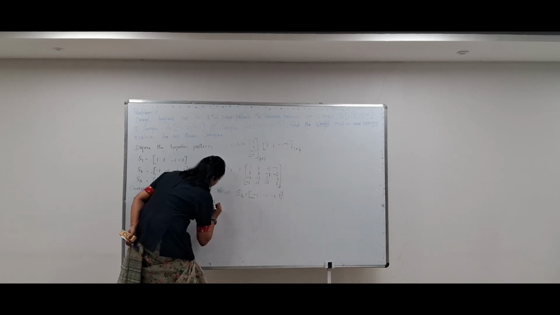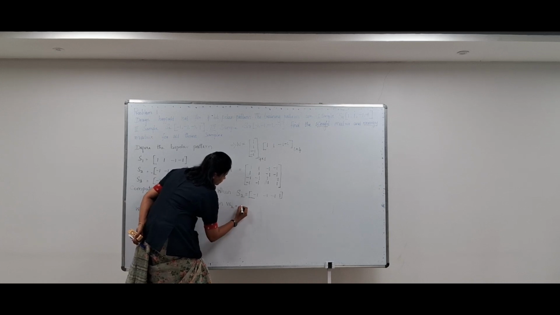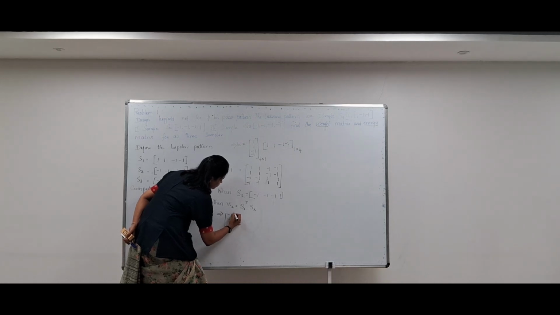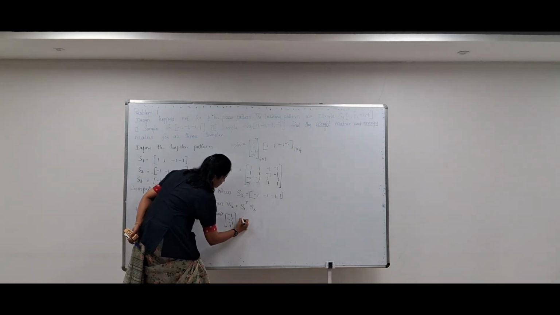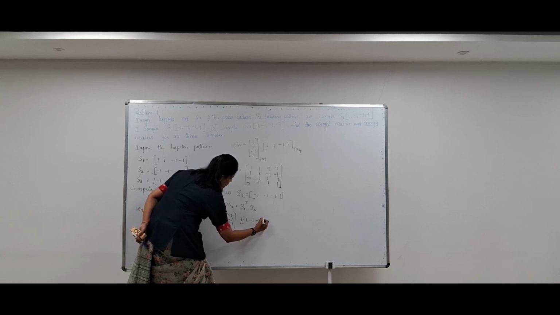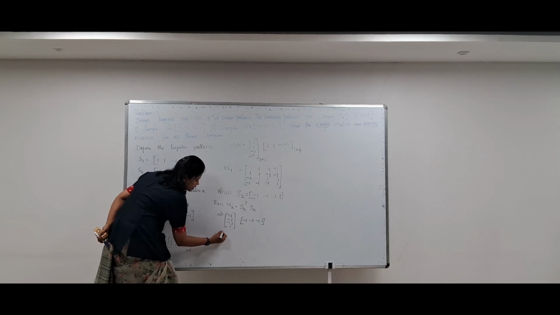Then W2 is equal to S2 transpose into S2, which implies S2 transpose, minus 1, minus 1, minus 1, 1, into minus 1, minus 1, minus 1, 1. So how do we calculate this matrix?